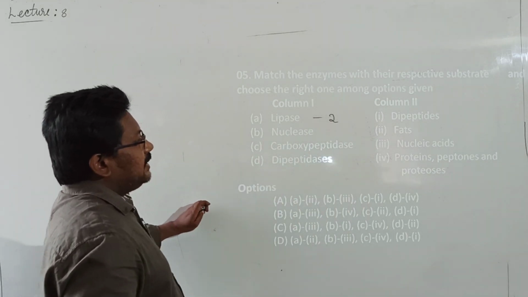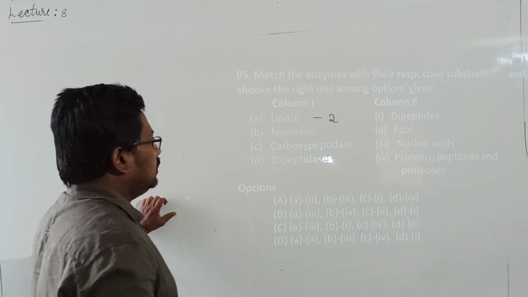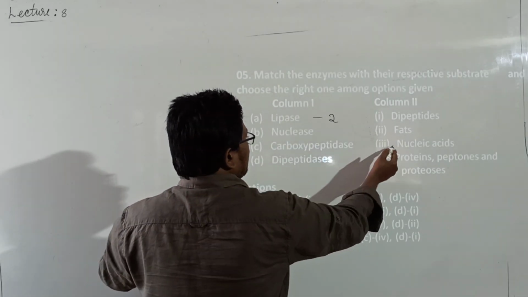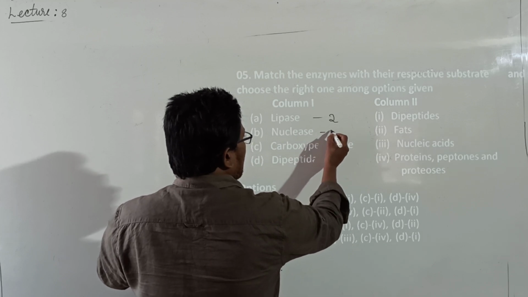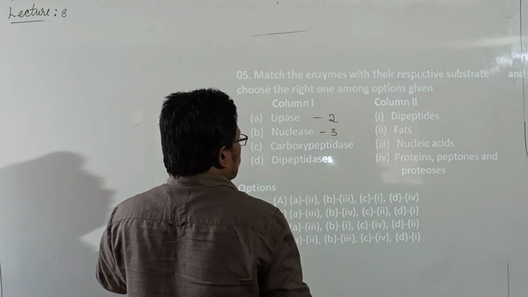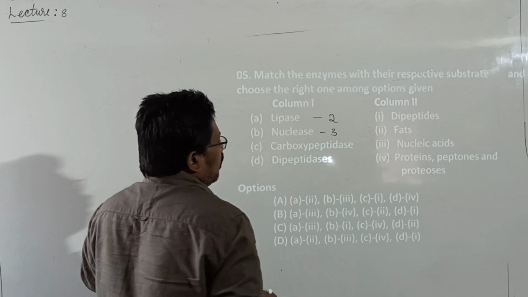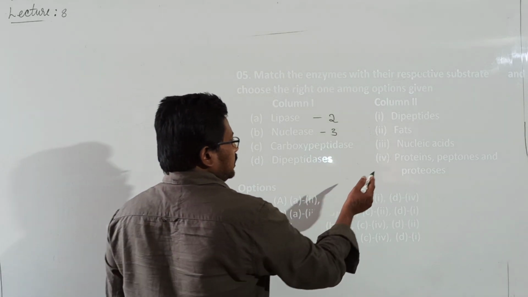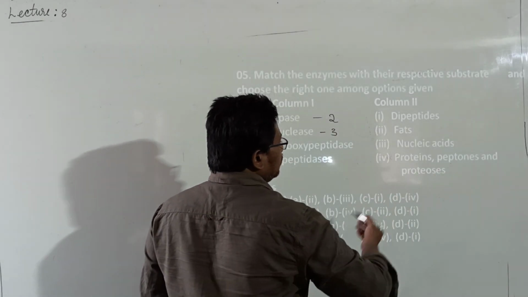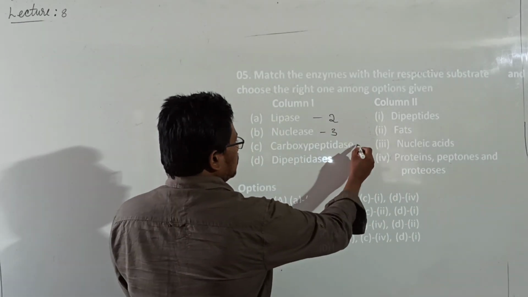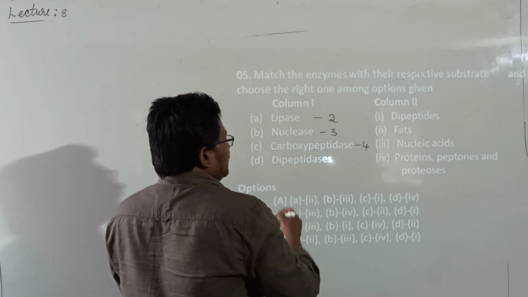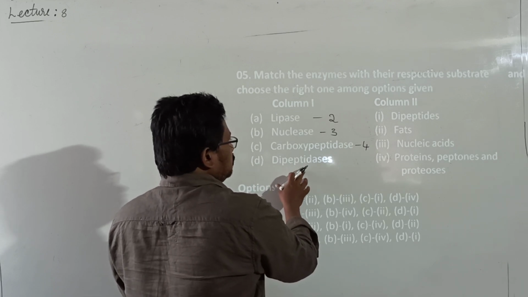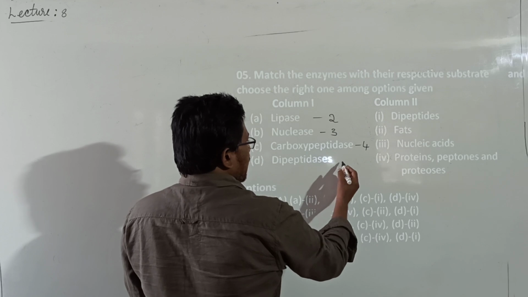Then nucleases. So nucleases are the right enzymes that act on nucleic acids. Then carboxypeptidases. So the carboxypeptidases are the enzymes that act on proteins, peptones and proteoses. So it is 4. And dipeptidases are the enzymes that act on dipeptides.